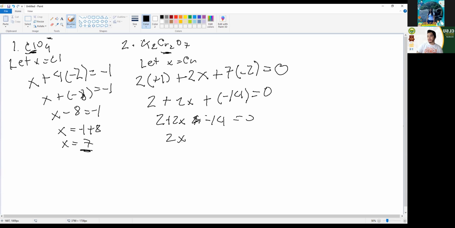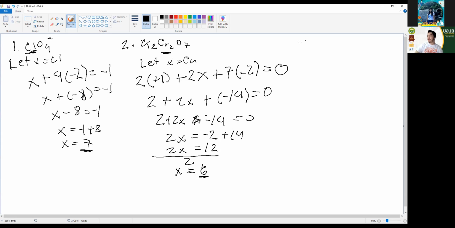Ilipat natin lahat ng walang x sa kabila. Since positive 2 ito, magiging negative 2, tapos negative 14, magiging positive 14. So 2x is equal to negative 2 plus 14, which is 12. Dividing 2 to both sides, x is equal to 6. So 6 yung charge ni chromium dito.